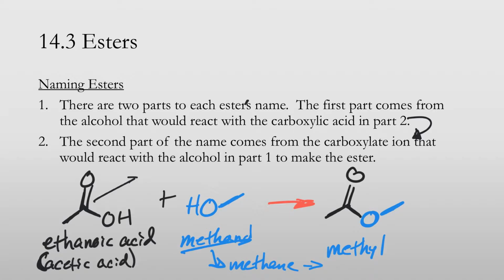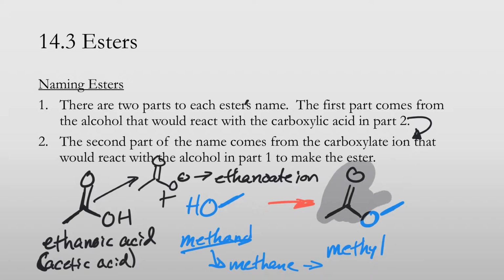If we were to ionize this, you'd get the ion here, which would be called the ethanoate ion. And so the name of this molecule right here is called methyl ethanoate.